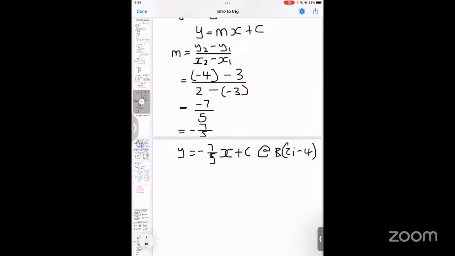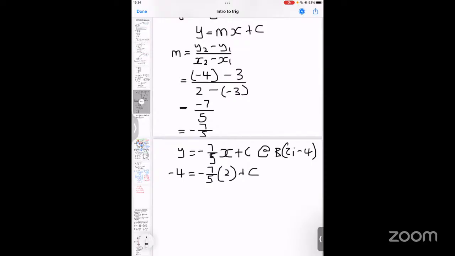In each coordinate, you've got a negative value. So where I see y, I will put -4, and I have -7/5, where I see x, I put 2, plus c.